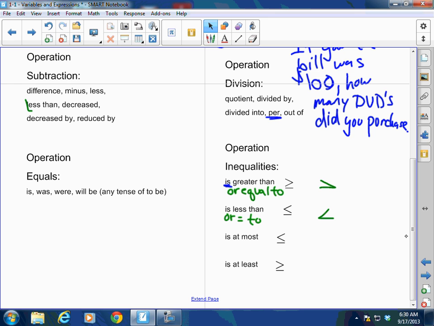Now, let me explain some of this. Please notice that if I were to take away the is, greater than would just be addition. If I tell you a number greater than 5, that's x plus 5. But once I add that is, we're talking about an inequality.